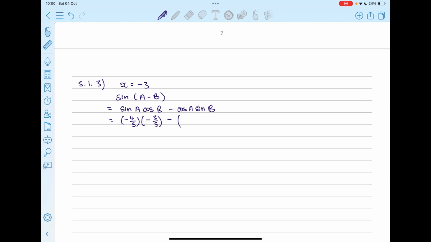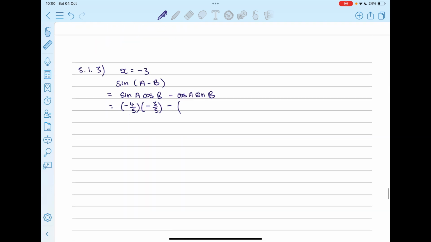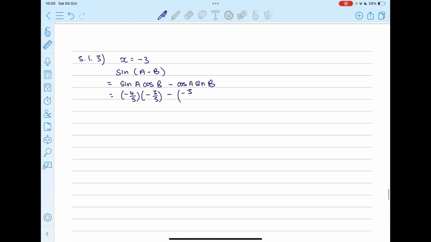And then cos A we had as -3 over 5. And then sine B, I remember it was +4 over 5. Okay, now it's just time to multiply everything out.